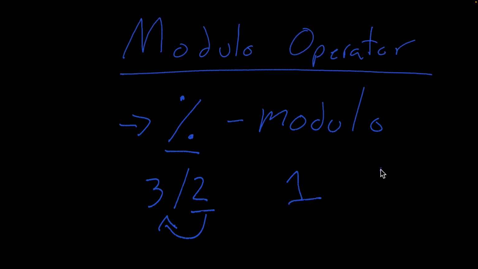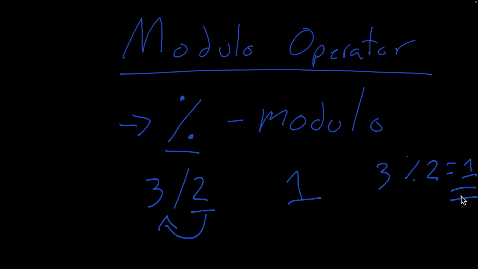So 3 modulo 2 is 1. The reason is 2 goes into 3 once with a remainder of 1. Okay, so the modulo operator is looking for the remainder after a division.